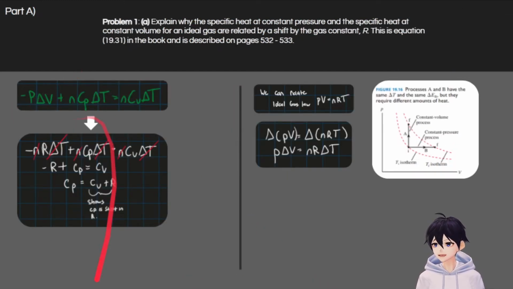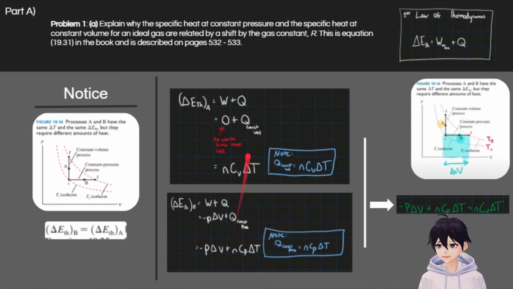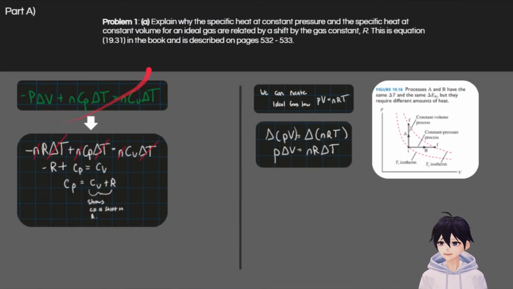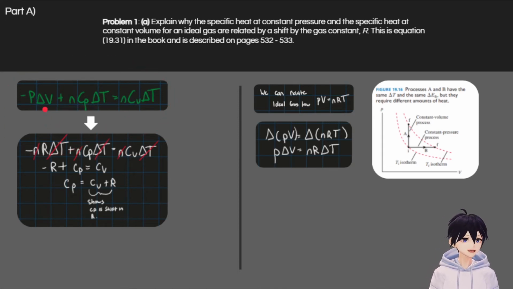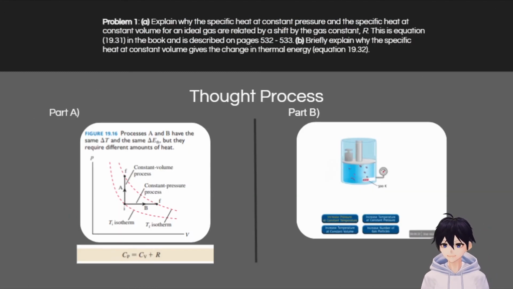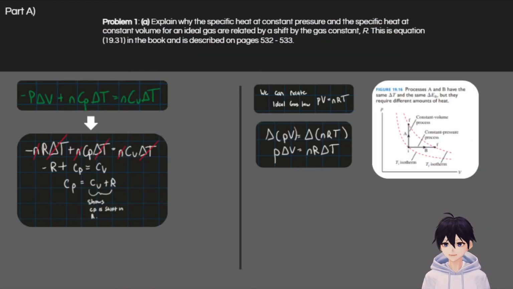When we set those two parts equal to each other, we will get this equation, and I've repeated that equation right here. The problem is that we need this in terms of T, so we can cancel out some variables to get it to look very similar to this equation right here. We can do that by relating the ideal gas law.